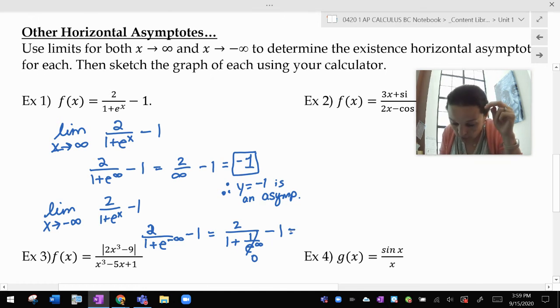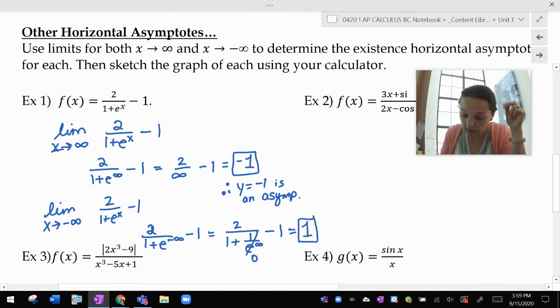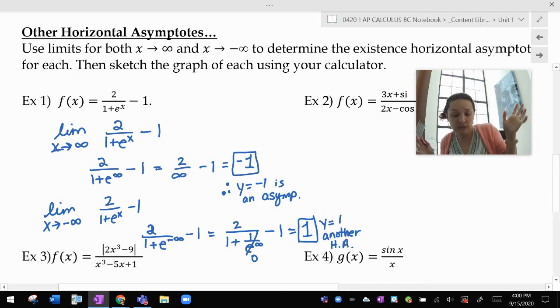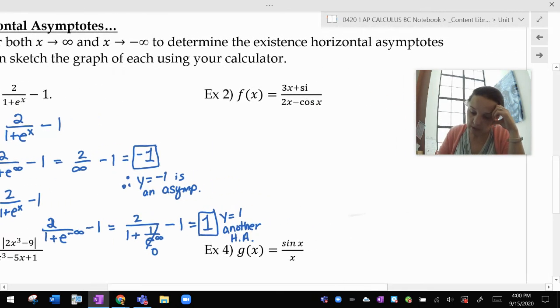Minus 1 is 1. Whoa, that's crazy. That means y equals 1 is another horizontal asymptote. Crazy.